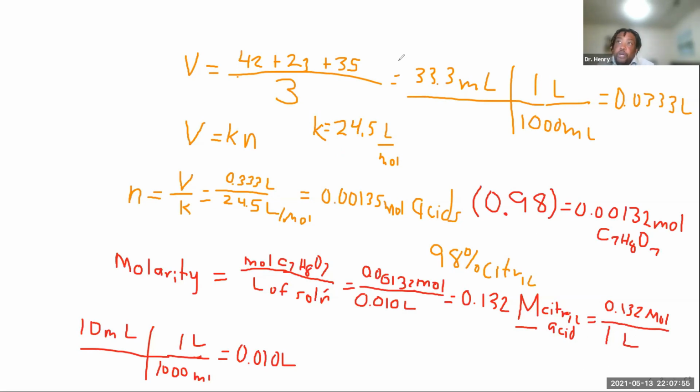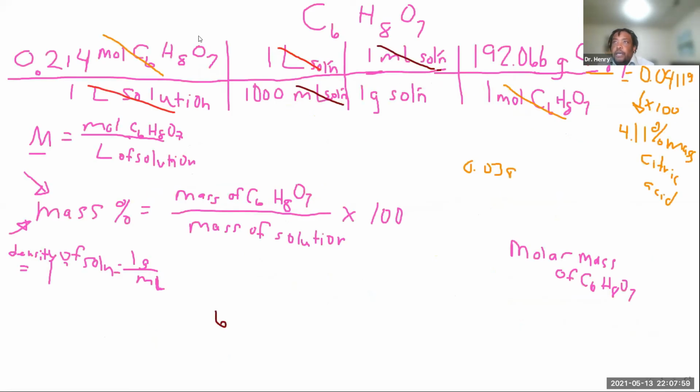Okay, so I'm going to go back to our other page. What was your number? It was 0.132. Okay, so you just plug it into this equation here, right? We have moles over liters.